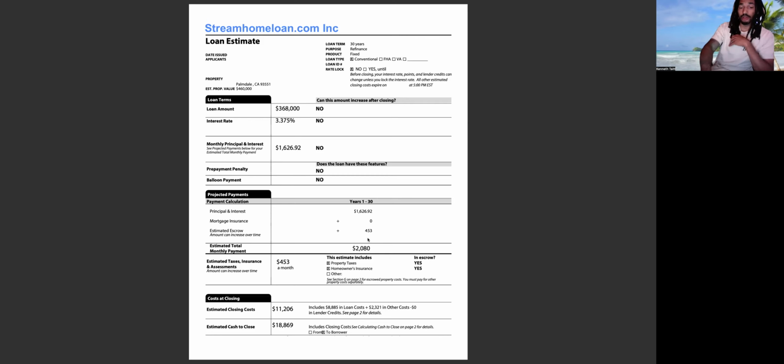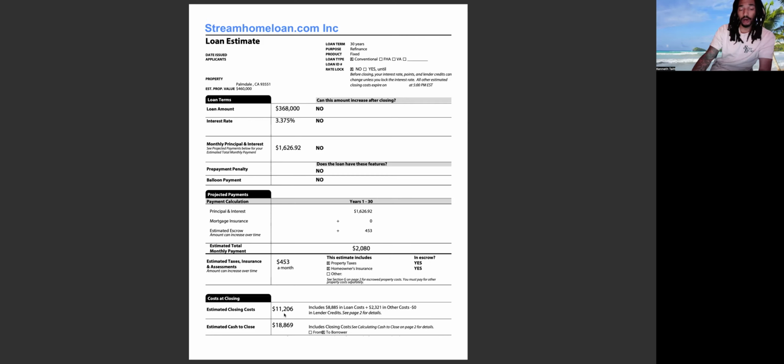So it's still going to be disclosed here with the monthly payment. But then here it would say no if it wasn't included in the monthly payment, even though it shows in the breakdown. But in this situation, it is included in the monthly payment.